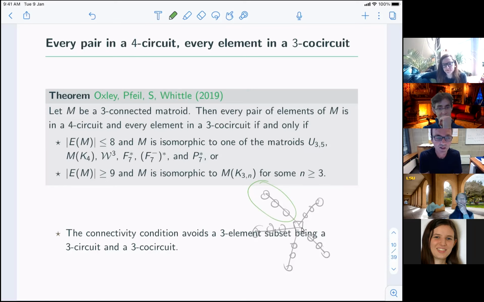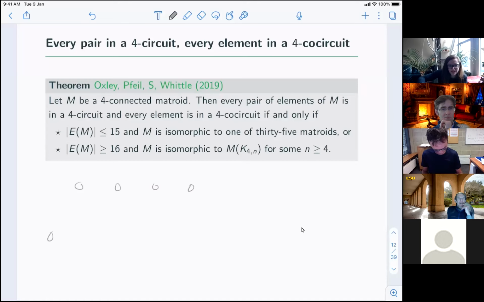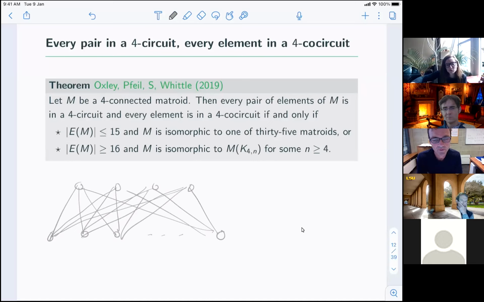Just as with the previous one, this arises. Every pair of edges is in a 4 circuit or a 4 cycle, and every edge is in a 4 co-circuit because every edge is incident with a vertex of degree 4.